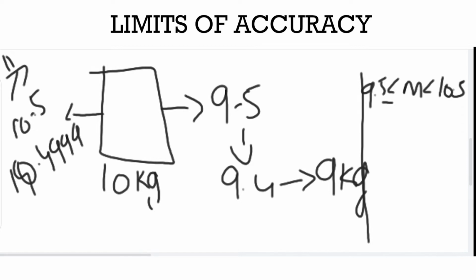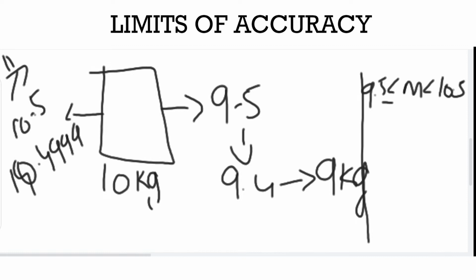So it could be 10.499999, which could be rounded off to 10 again. But if I also include 10.5, then it will be rounded off to 11 kg.